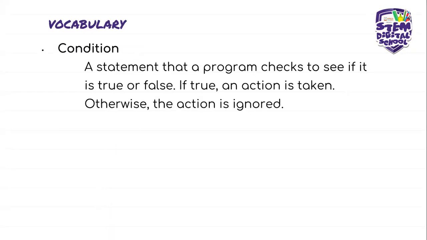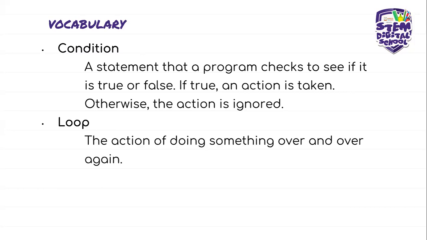Just remember a condition. What is a condition? A condition is a statement that a program checks to see if it is true or false. And if it's true, an action is taken. Otherwise, that action is ignored. Loops.